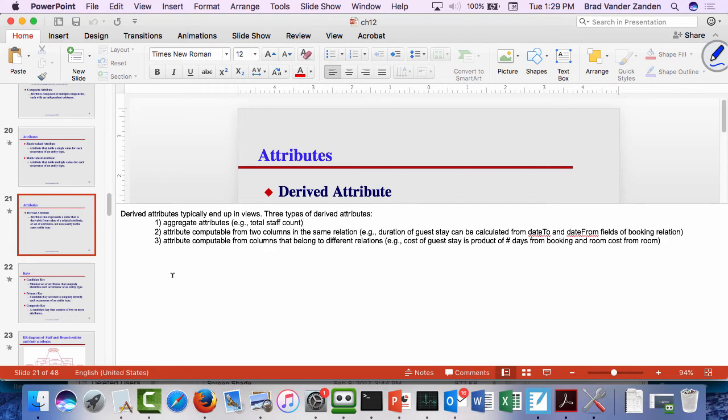So the first type of derived attribute is an aggregate attribute. It could be total staff count. Okay, so I'll write in bigger words. Aggregate attribute. So the result of an aggregate function.